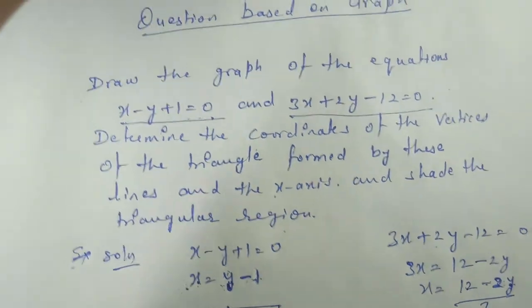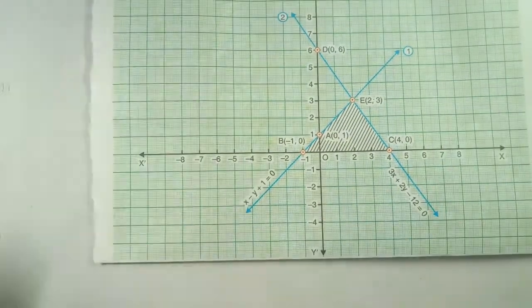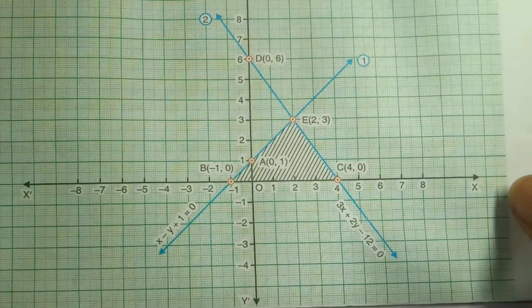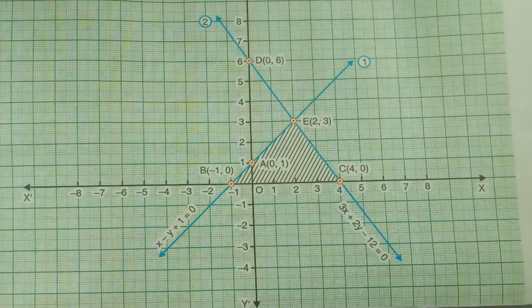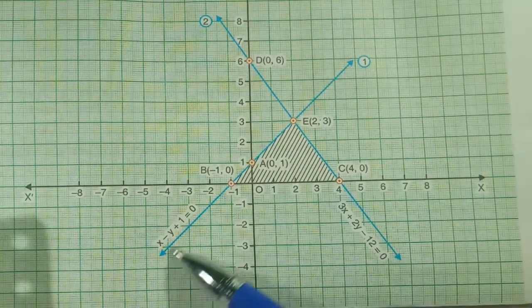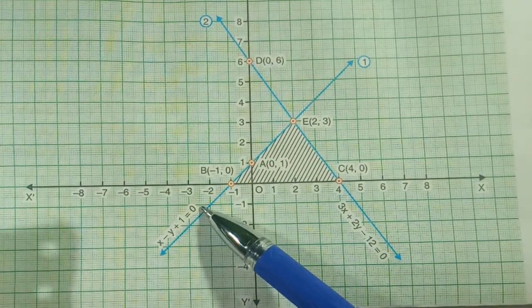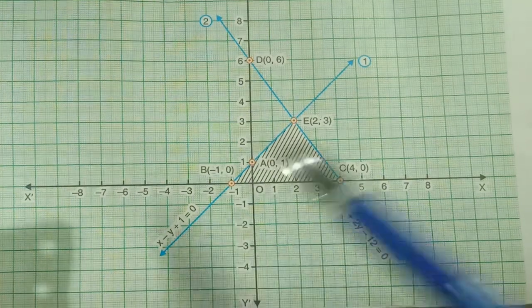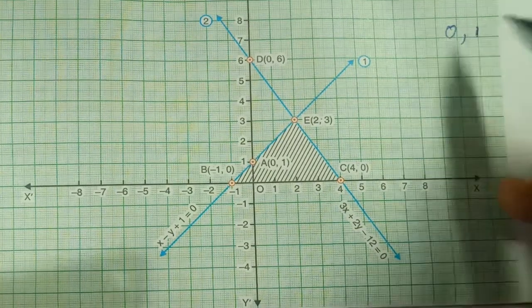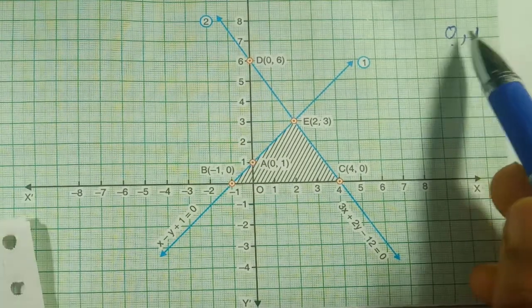So I have already drawn the graph. I have the graph containing the lines of both equations. This is the graph of the first equation, that is x minus y plus 1 equal to 0. Here the first value of x we have is 0, and the value of y is 1. So x is 0 and y is 1.